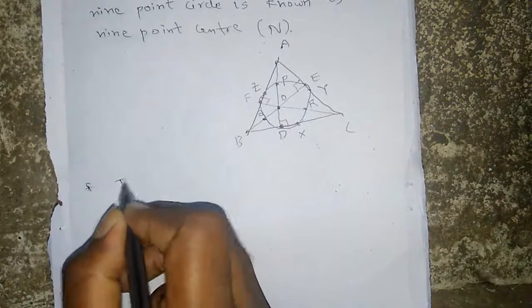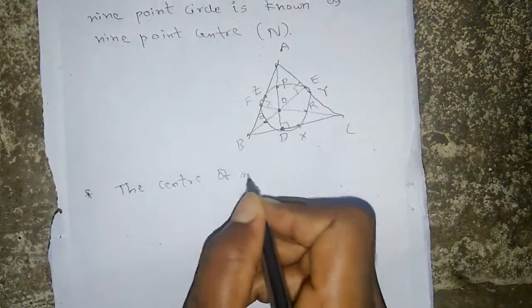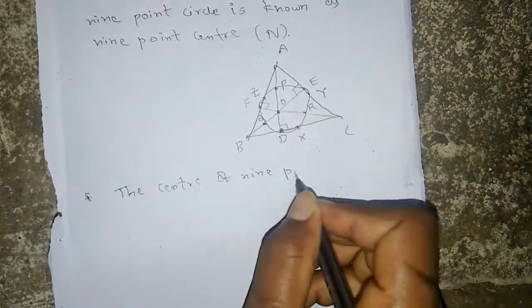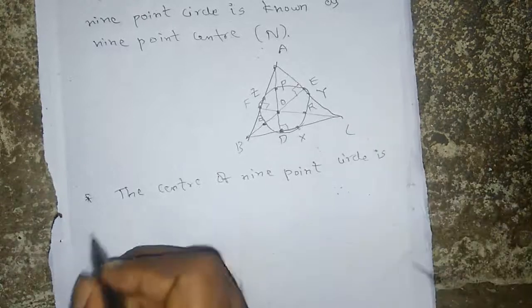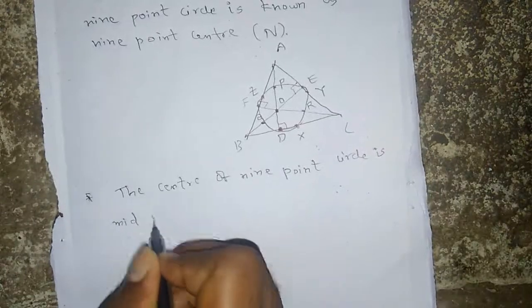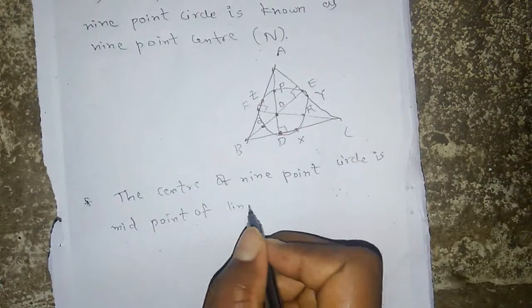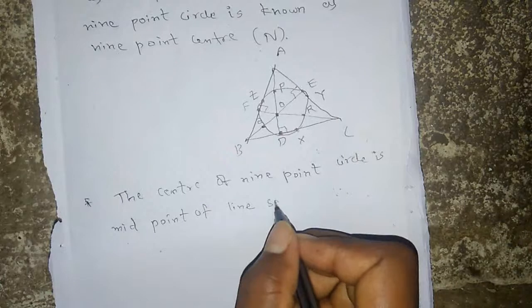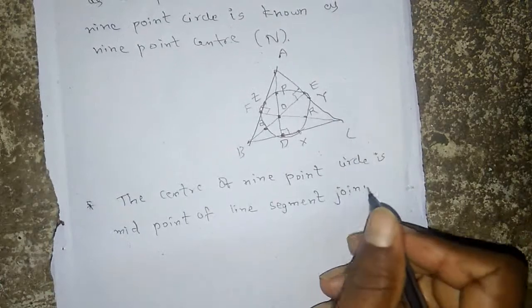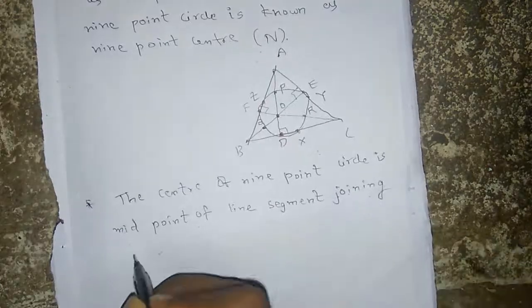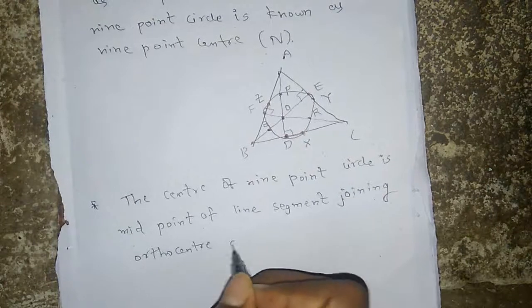Next point, the center of 9-point circle is midpoint of line segment joining orthocenter and circumcenter.